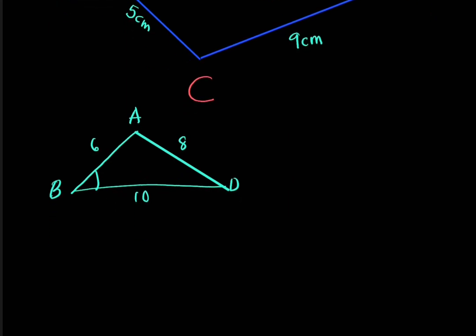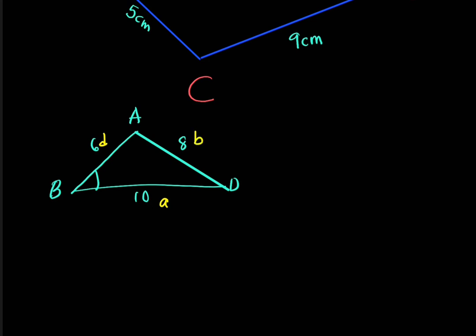Remember, in the explanation of the cosine rule, if here is A, then the side BD facing capital letter A is labelled by small a, the side facing D is labelled by small d, and this side is labelled by small b.